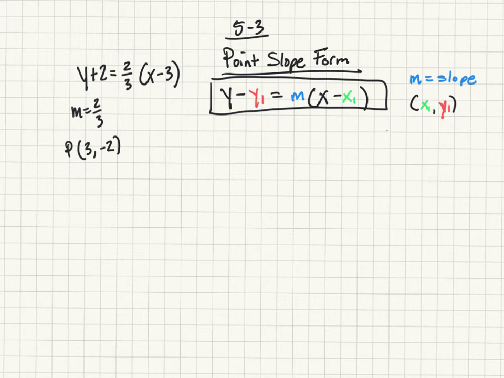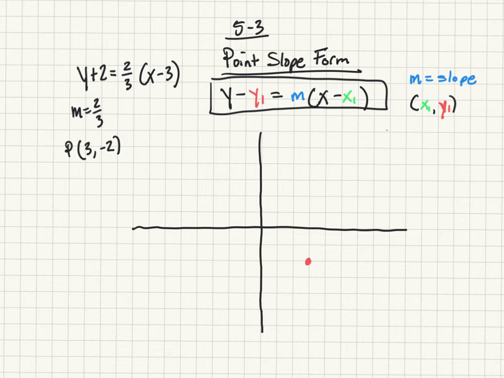All right. So the next step is you're going to make a graph, and we're going to plot that point that they give us, which is 3, -2, which will end up being right here. Then we're going to use the slope and go up 2, so 1, 2, and then to the right 3, 1, 2, 3, and that will be our other point, and that's our graph.